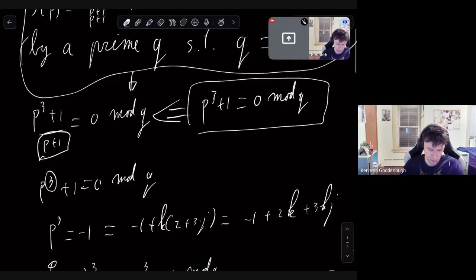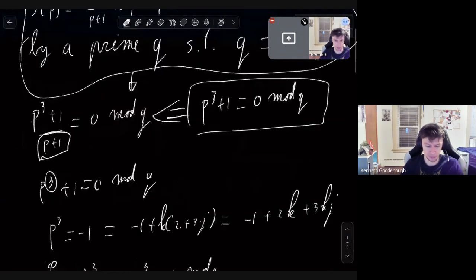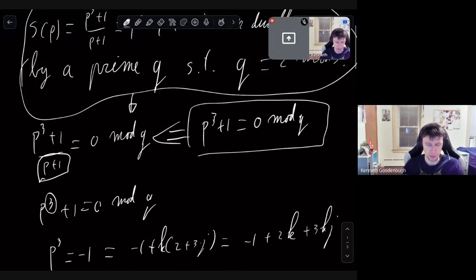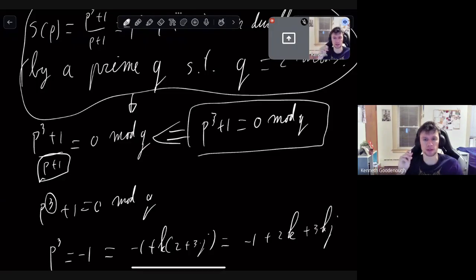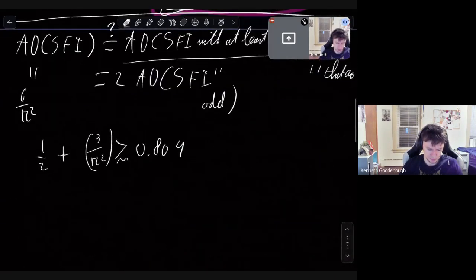That's because we're dividing by p plus 1. And again, we're doing this trick that instead of focusing on p, we look at minus p, because then we get a nicer expression: a geometric series instead of a geometric series with a negative scaling factor, and that just makes life a little bit simpler.